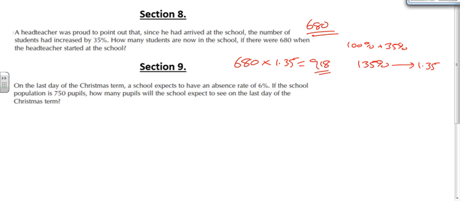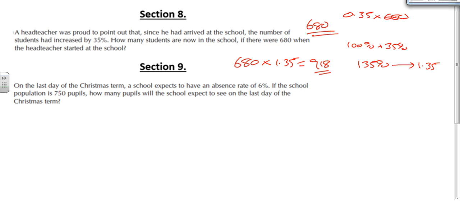Of course, that would be exactly the same as if you worked out 35% by doing 0.35 times by 680, and that would have been the extra 238. Then you add that on top of it and you get 918. Either way is exactly the same.